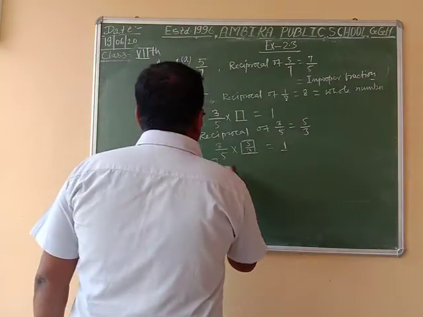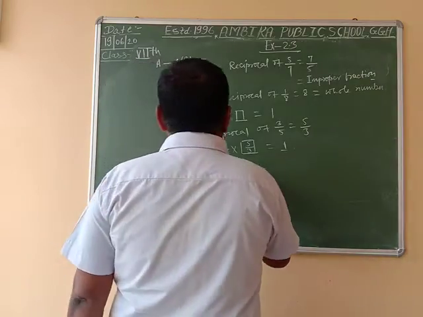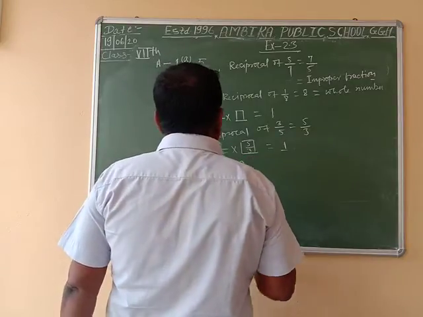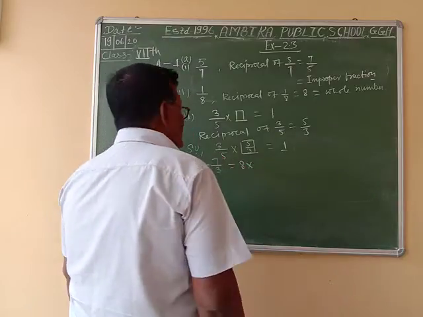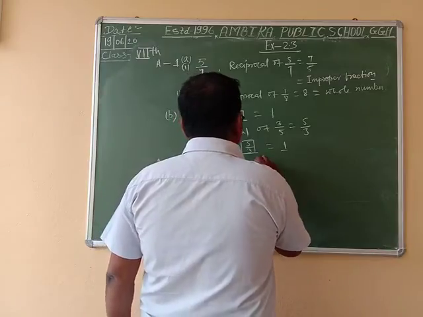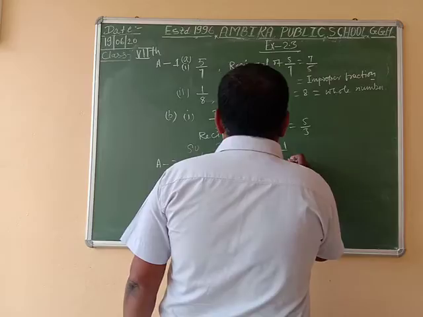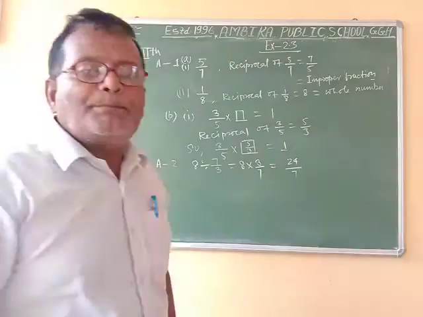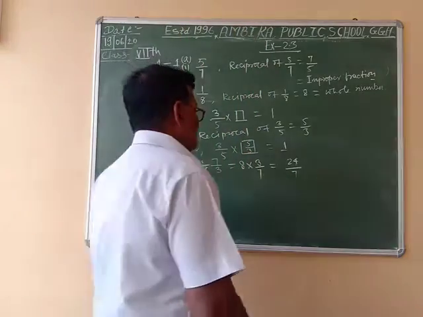It is equal to 8 into the inverse of 7 by 3, which is 3 by 7, is equal to 24 by 7. Multiplying 8 by 3 gives 24 by 7.